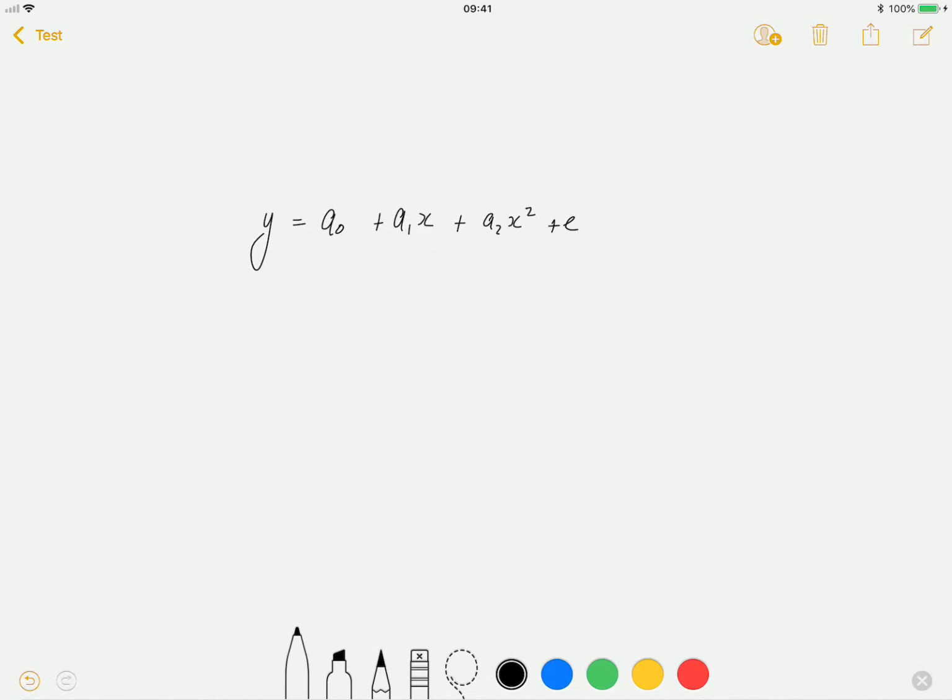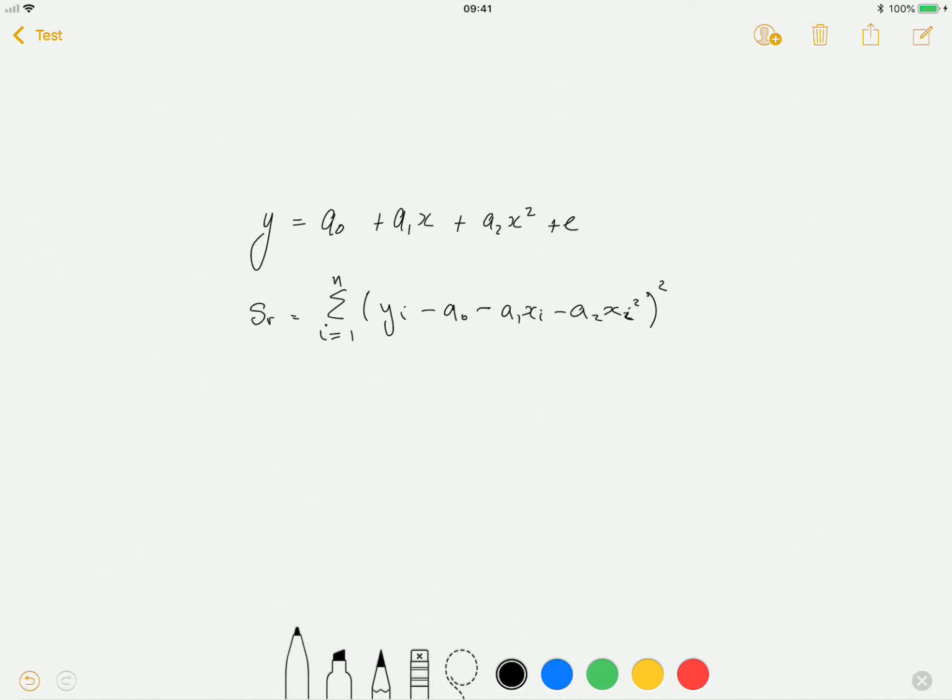Now, as in the case with the linear least squares, the sum of squares of the residuals, SR, can be written as the sum from i equals 1 to n of (yi minus a0 minus a1xi minus a2xi squared), and the whole thing squared.